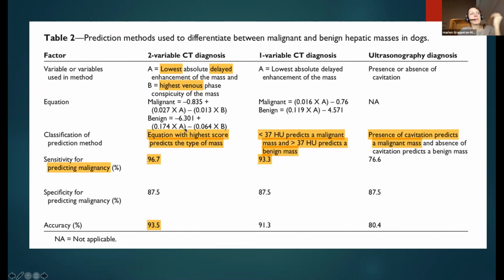Maybe you say, oh, what is this, but if you take time when you're reading, it makes sense and we can understand it. Ultrasonography was much simpler. If there was cavitation, there was 80% accuracy that it was a malignant mass.